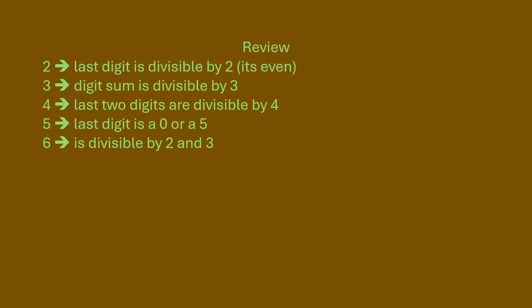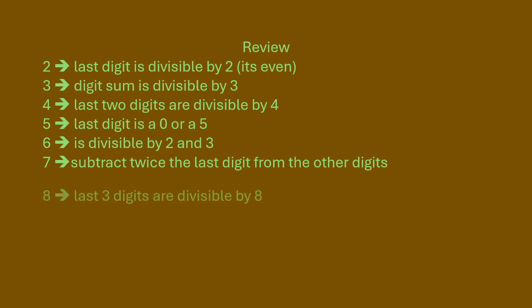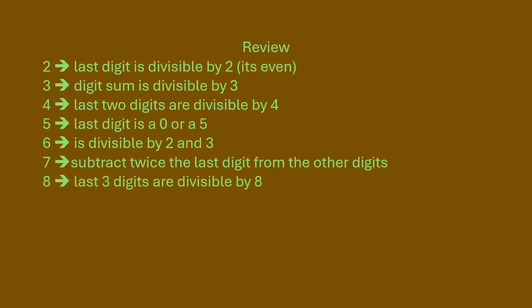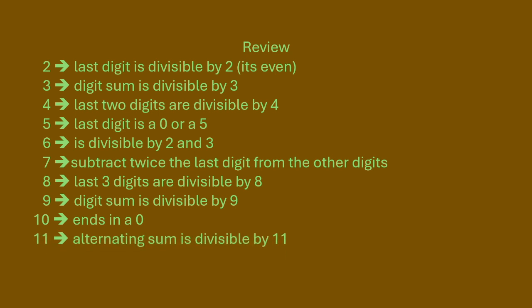For 6, we just check for divisibility by 2 and 3. For 7, we subtract twice the last digit from the other digits. For 8, we check the last 3 digits to see if they're divisible by 8. For 9, we check the digit sum for divisibility by 9. For 10, we check if it ends in a 0. For 11, we check if the alternating sum is divisible by 11.